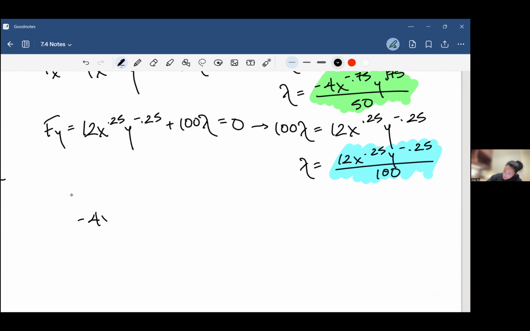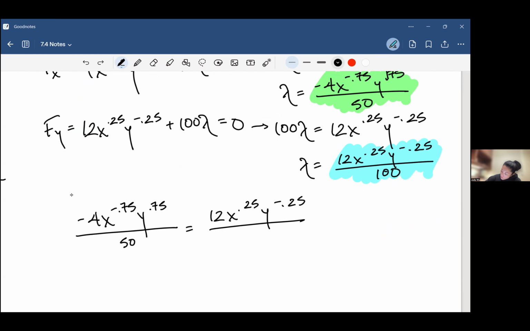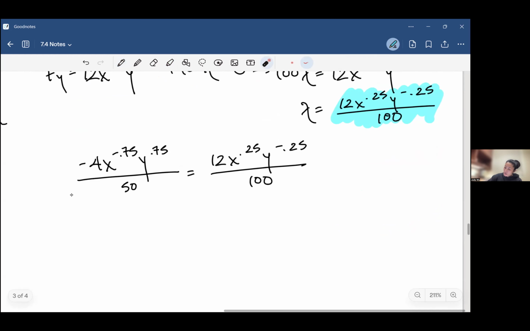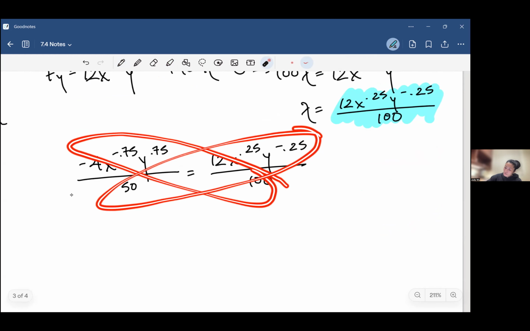Negative 4x to the negative 0.75, y to the 0.75 over 50 equals 12x to the 0.25, y to the negative 0.25 over 100. And I'm going to go ahead and cross multiply here, okay?